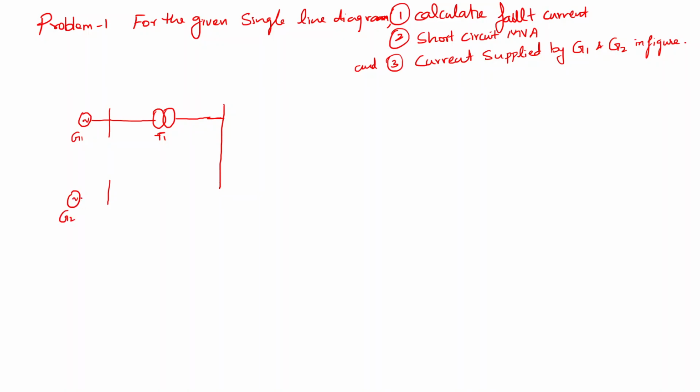G2 is connected to a bus, and this bus is connected with one more transformer T2, and there is a transmission line connected to a bus with a distance of 200 kilometers, and the reactance of this transmission line is 0.2 per kilometer per phase.